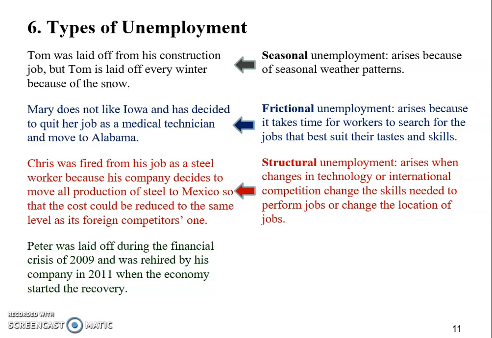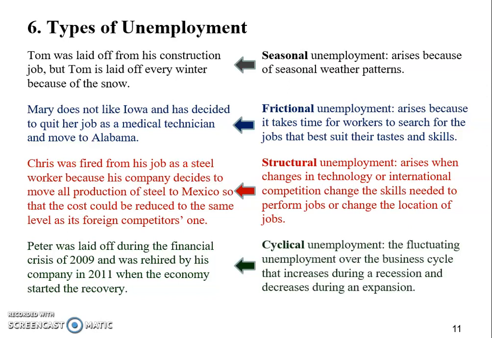So economy-wide, the market demand is probably down during that crisis. This is so-called cyclical unemployment because it fluctuates along with the business cycle. So when the economy does better, cyclical unemployment would fall. When the economy does worse, cyclical unemployment would pick up.